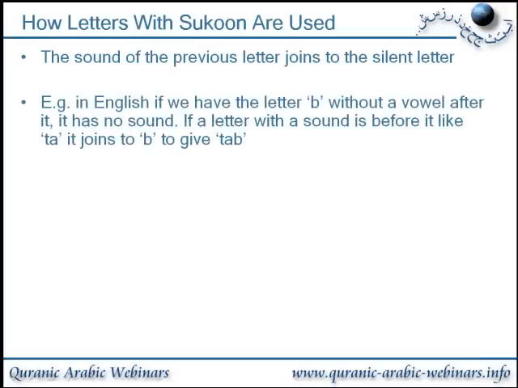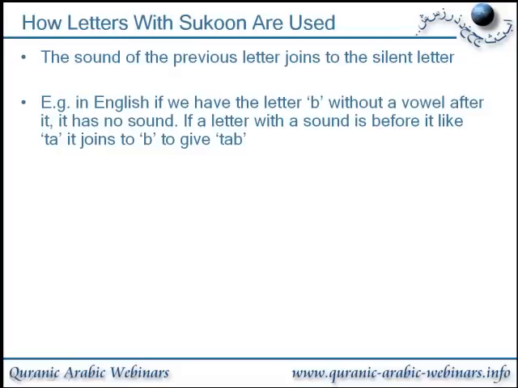In English, if we have the letter B without a vowel, so a vowel in English is A, I, O, U, E, then a letter like B has no sound after it, so it has no sound of its own.